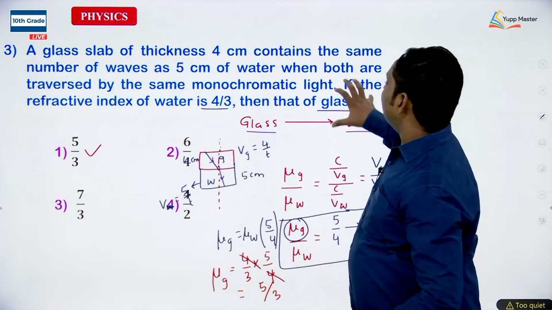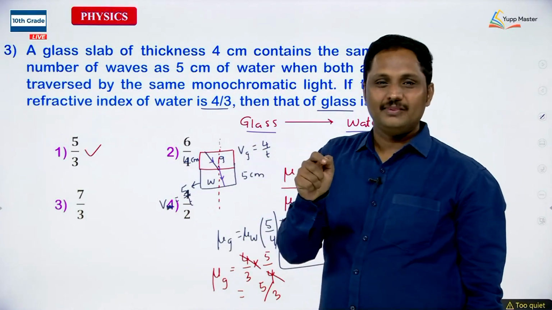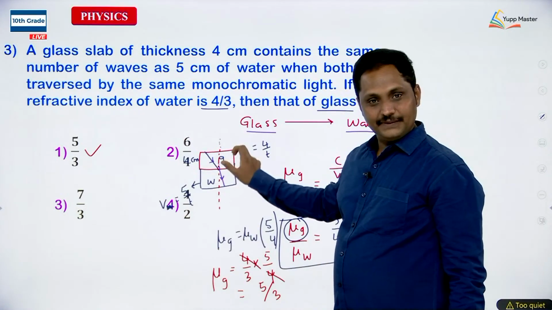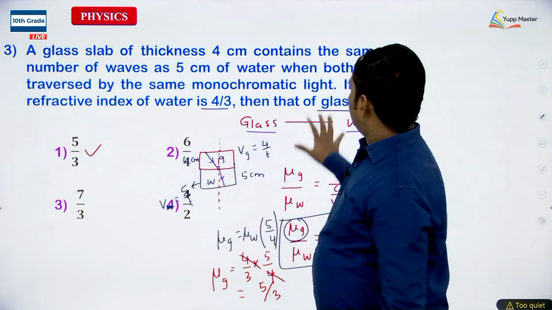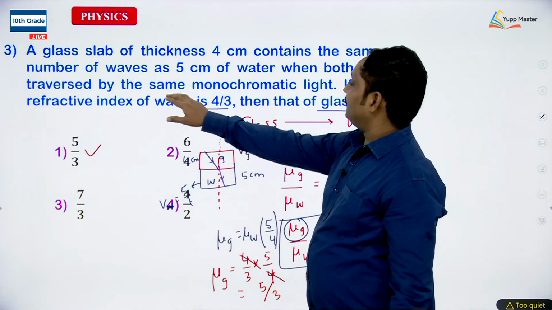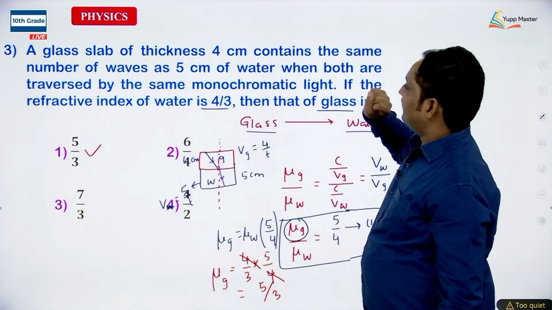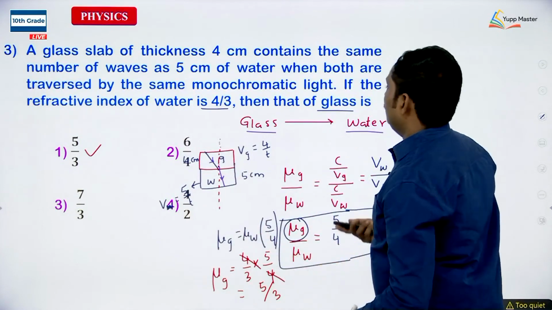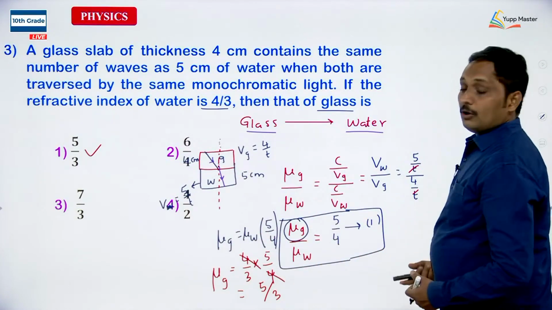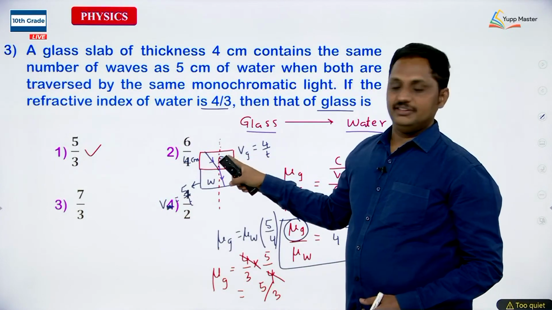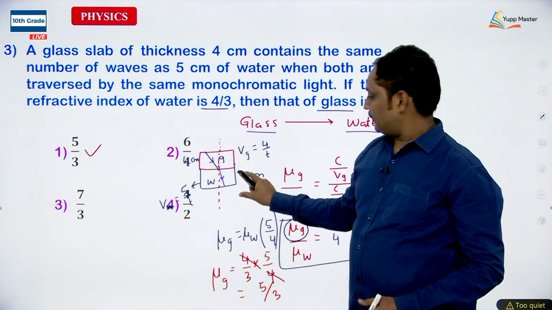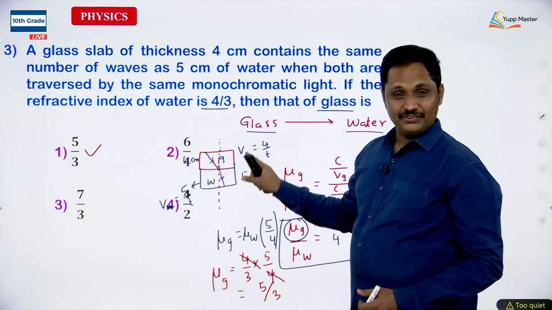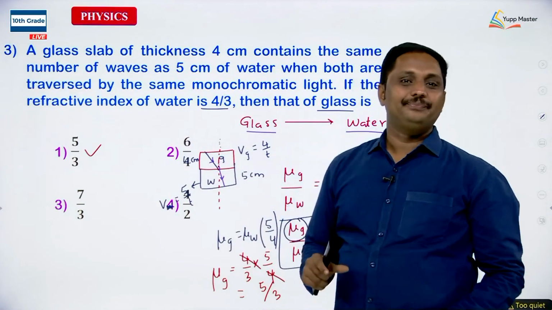But one more thing they have given: we are going to take the same time, the time taken by the light to travel through the glass is the same as through the water. But what they have mentioned, let us see, is transfer by monochromatic light, which has the same frequency in the first and second medium also. It is very clear these types of problems are solved by drawing the diagram, G for glass first part, W for water, and the thickness they have given is nothing but the distance travelled by the light in that medium.